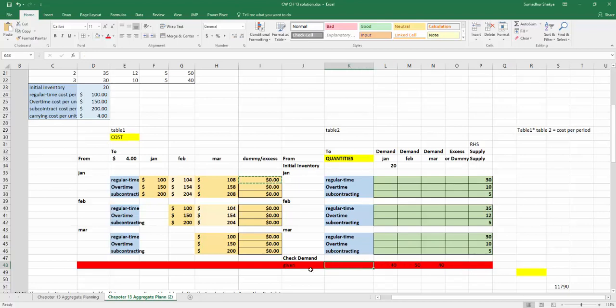Okay, in a way, let's say here I'm going to say this is our RHS. This is the RHS for the demand, this is the RHS for the supply. Okay, now at this point, let's sum up the total supply that is available.